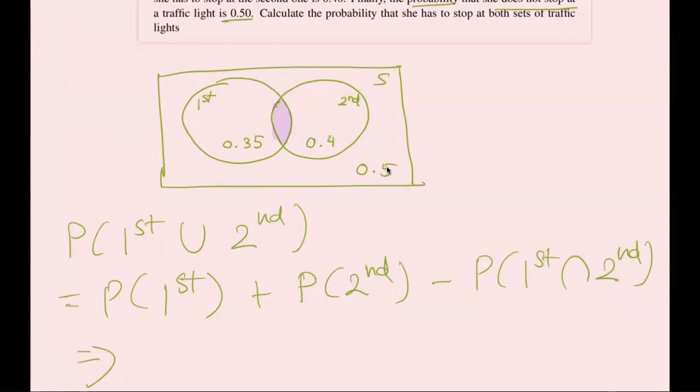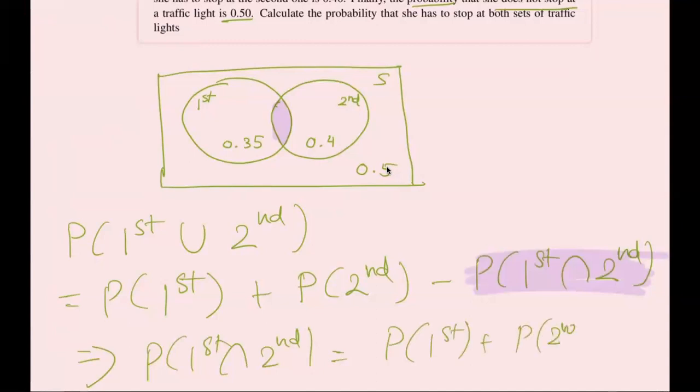And I'm interested in this quantity, which means probability that first and second is equal to probability of first plus probability of second minus probability of the union.